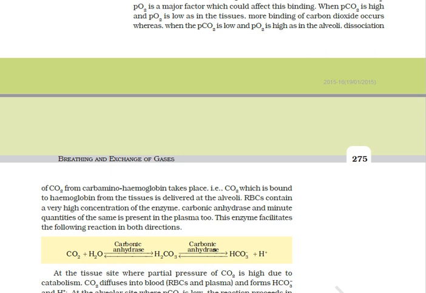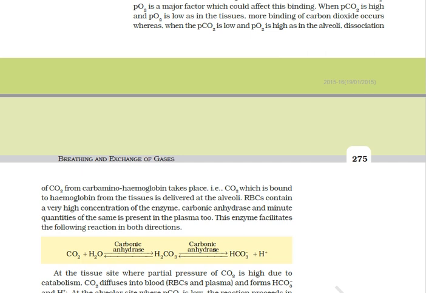Thus, the dissociation of CO2 from carbaminohemoglobin takes place. That means the CO2 gets dissociated from carbaminohemoglobin. About 70% of CO2 is carried as bicarbonates, which I told you just now. Erythrocytes have a high concentration of the enzyme carbonic anhydrase, shown on the screen, which catalyzes the following reaction in both directions.